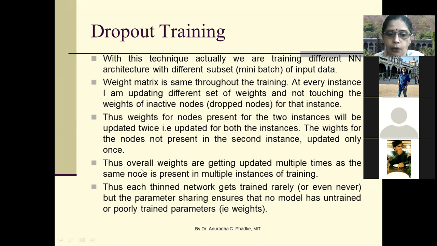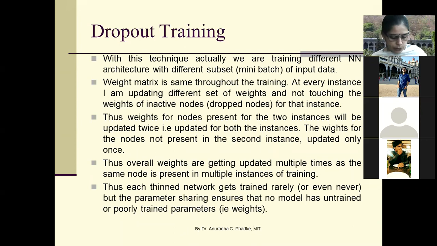The overall weights are getting updated multiple times as the same node is present in multiple instances of training. Thus, each thin network gets trained rarely, and sometimes certain nodes are not used at all while training. But the parameter sharing ensures that no model is untrained or poorly trained.